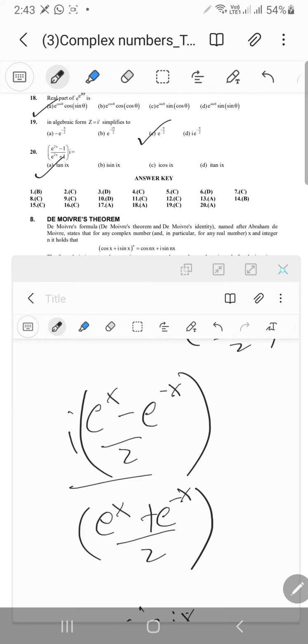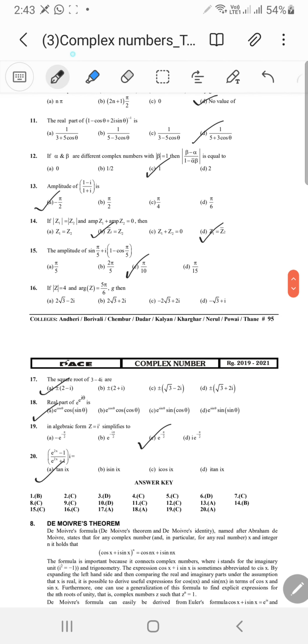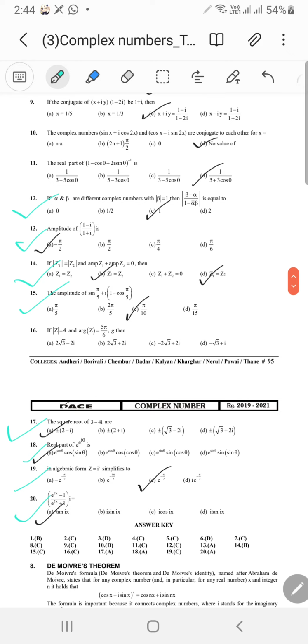Let's check this. A is correct. 19 C. Alright, this I was not able to do. I don't know what this question was. 15th, right? 15th C. Yeah. 14th B. 13 A. 12th C. 11th C. Wait, what? 11th C. It's not D. Minus 5 pi by 12.